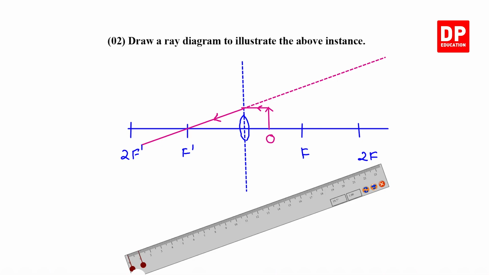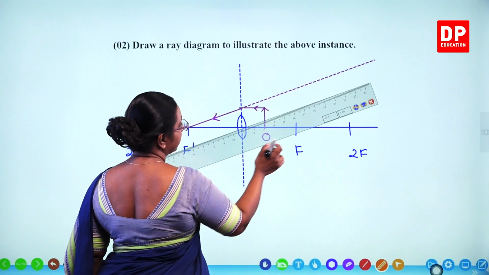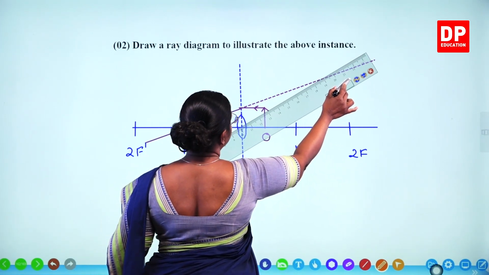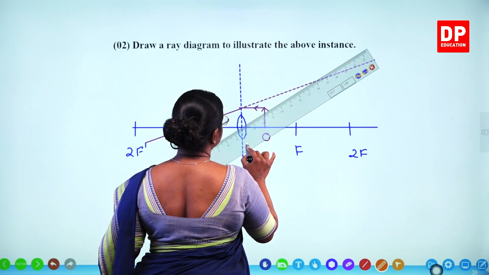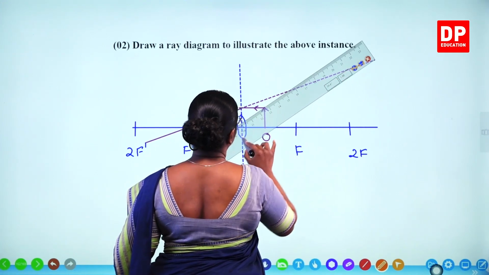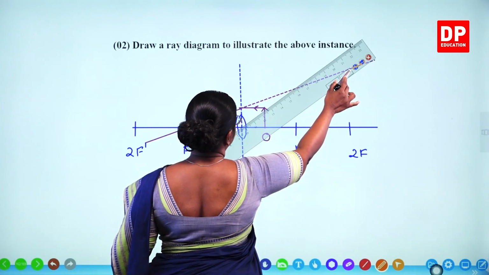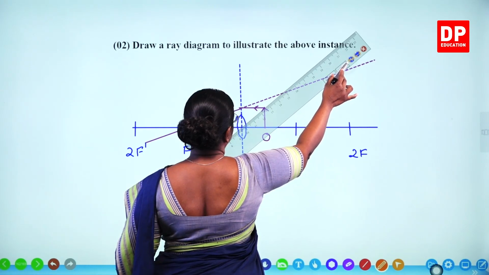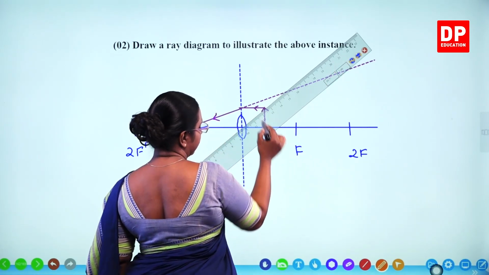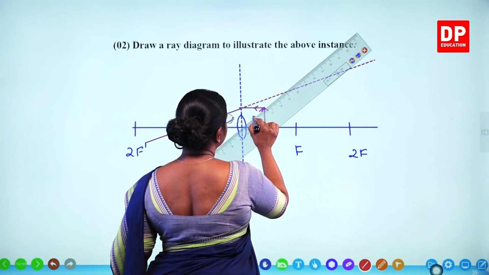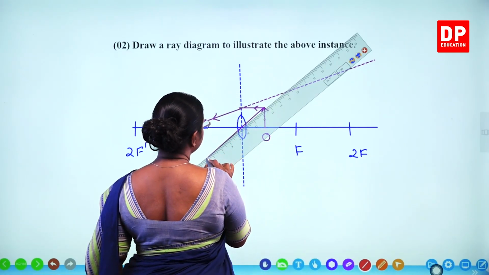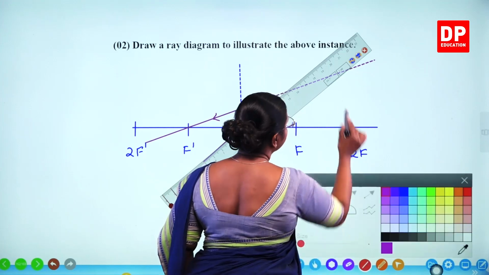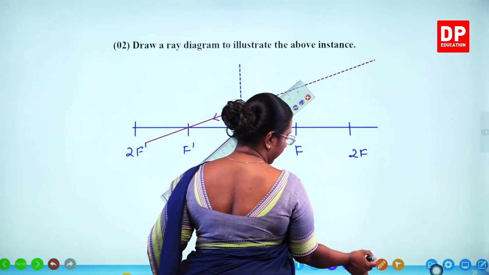So a ray coming parallel to the principal axis refracts through the focal point, and here we need to extrapolate it as well. Then a ray coming through the optical center. That will go through the optical center without any change in the path, and we have to extrapolate that as well.